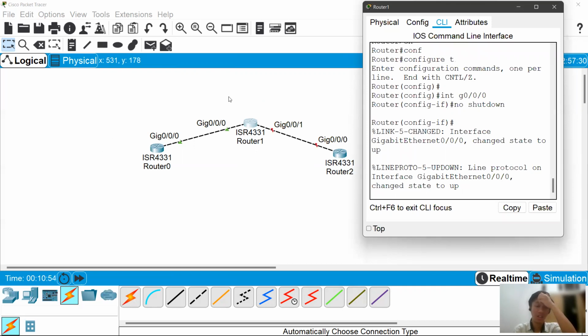Look, the interface is on. And we must do the same on router 1 and router 2.